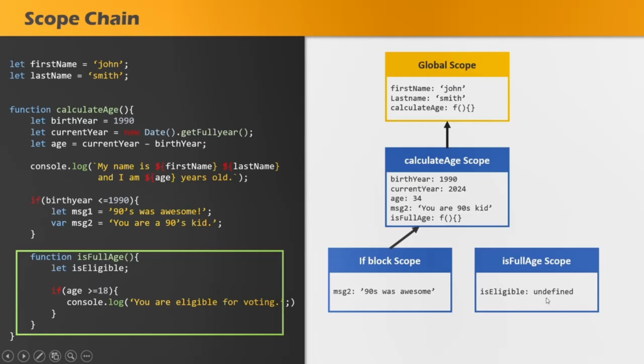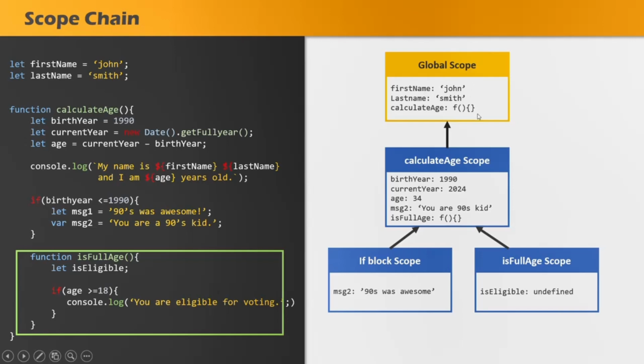Since this isFullAge scope is sitting lexically within the scope of this calculate age function, this scope will also have access to its parent scope. That means it will have access to all the variables and functions present in its parent scope. And since its parent scope has access to the global scope, this isFullAge scope will also have access to all the variables and functions declared in the global scope.